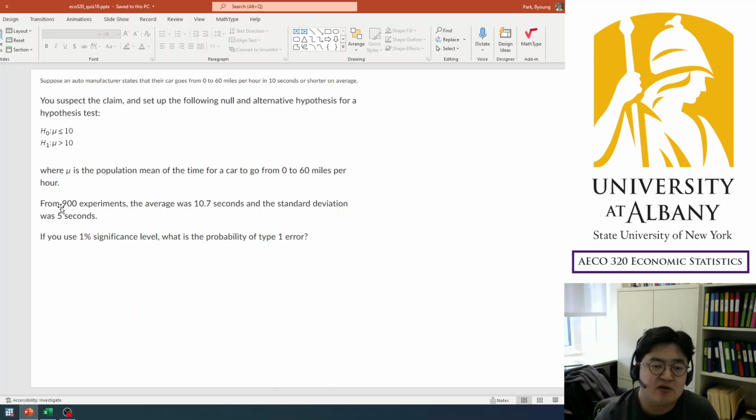Okay, let's think about this. From 900 experiments, the average was slightly greater than 10 seconds with standard deviation 5 seconds. Use 1% significance level. What is the probability of type 1 error? Even if I read it long, we don't need to read anything.